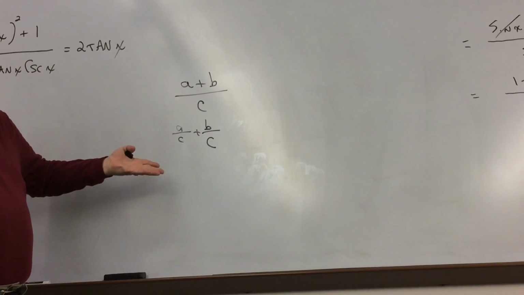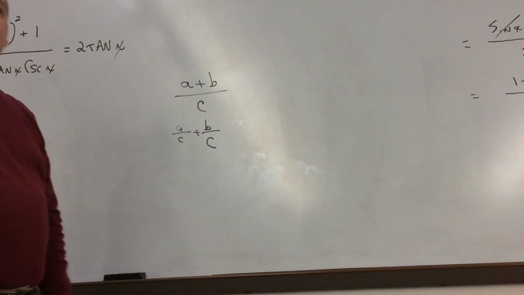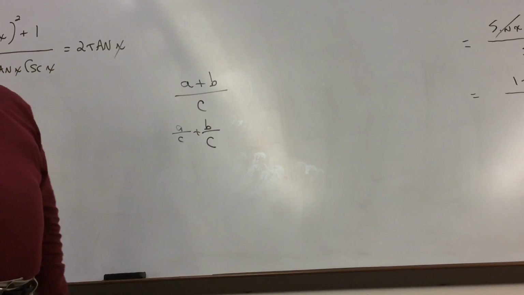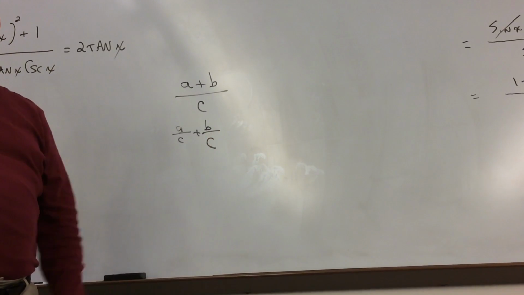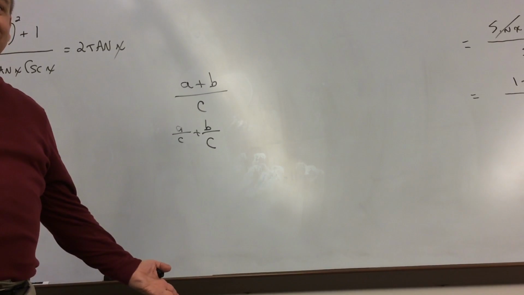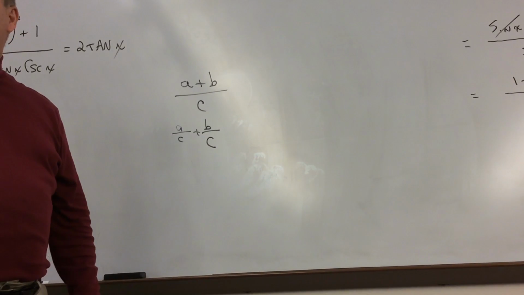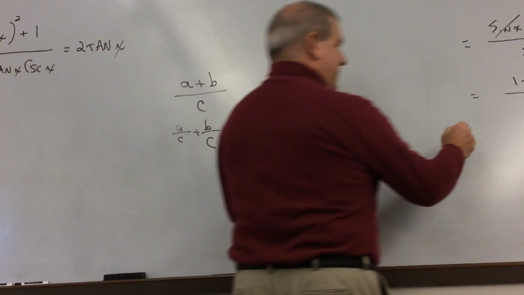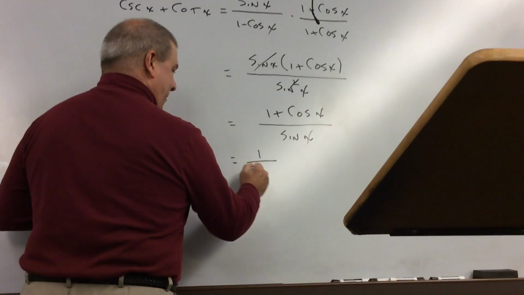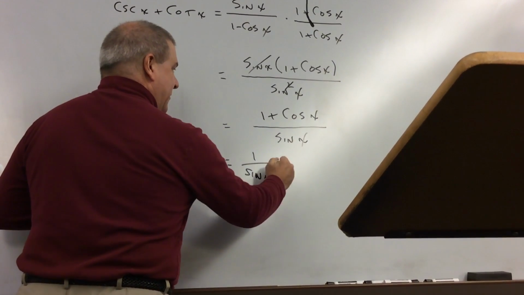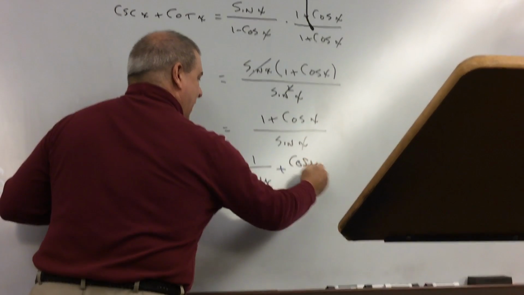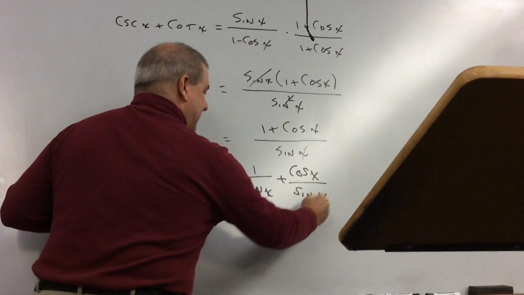You're kind of going backwards. So, you're there. Tell me why. You see it? Andrew. You can just break it up. This is 1 over sine of x plus cosine of x over sine of x.